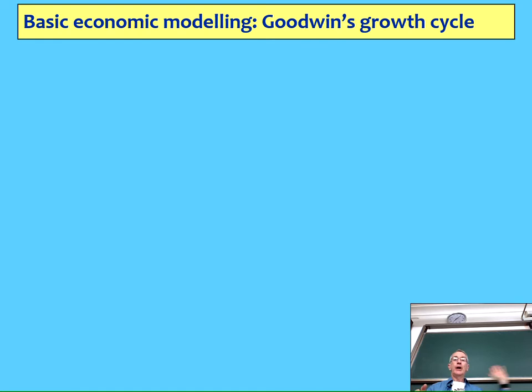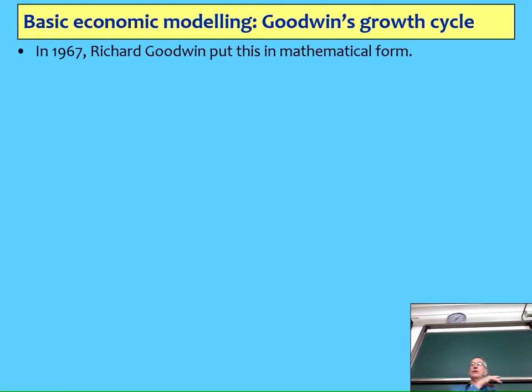In 1967, precisely 1 century after Marx wrote that verbal argument, Goodwin developed a model which expressed in mathematics what Marx was saying verbally. And when you look at what Marx did after he finished writing and publishing volume 1 of Capital, he actually spent a lot of his time trying to learn calculus. There's a book now which you can find for free on the internet called Marx's Mathematical Manuscripts.